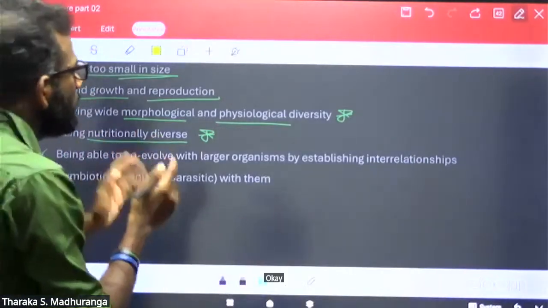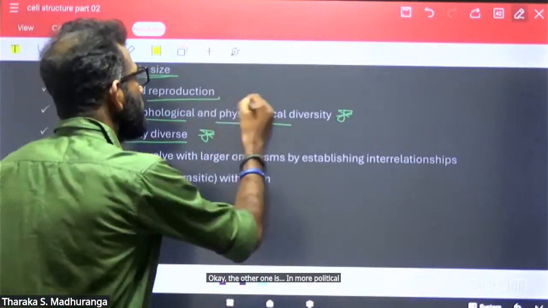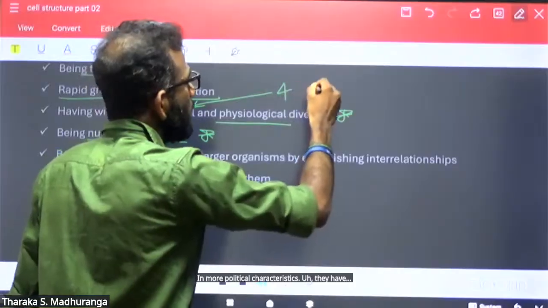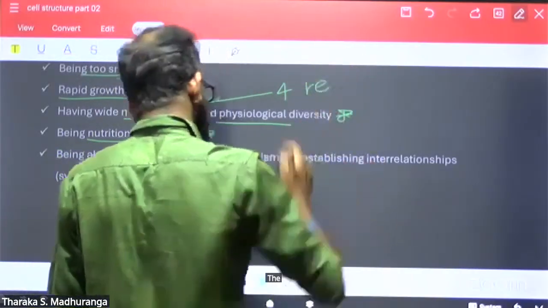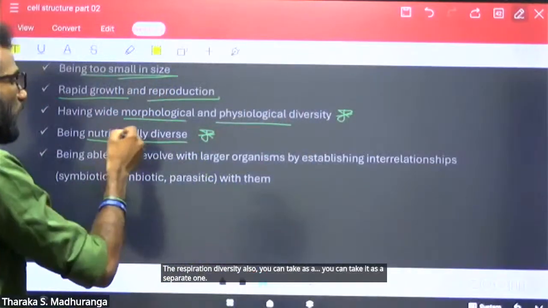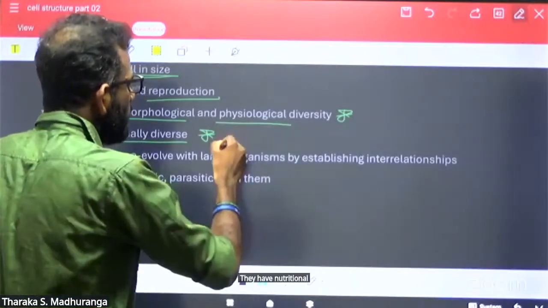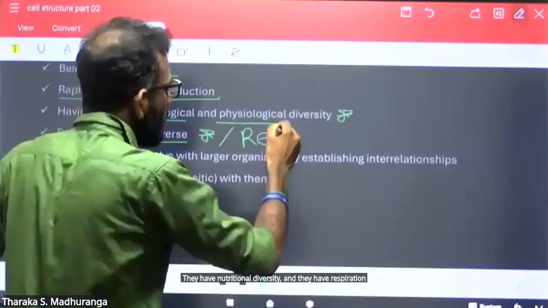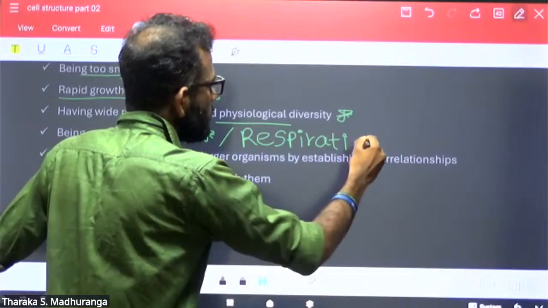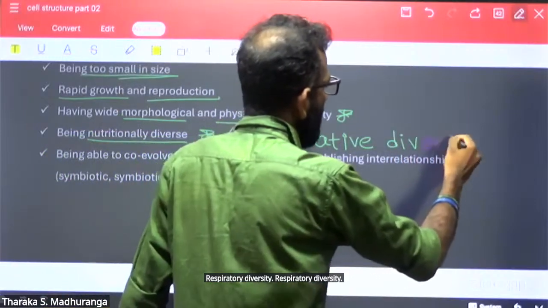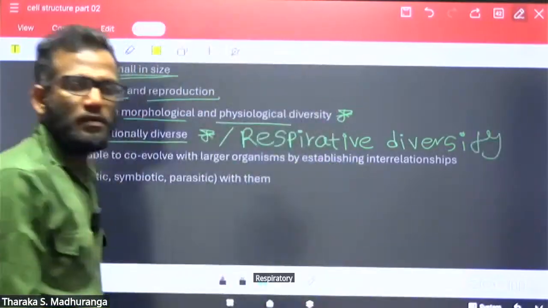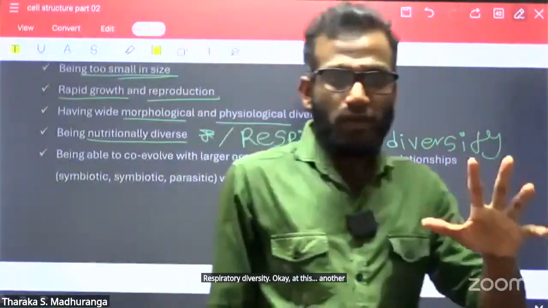The other one is they have respiration diversity. The respiration diversity you can also take as a separate one. They have nutritional diversity and they have respiration diversity.